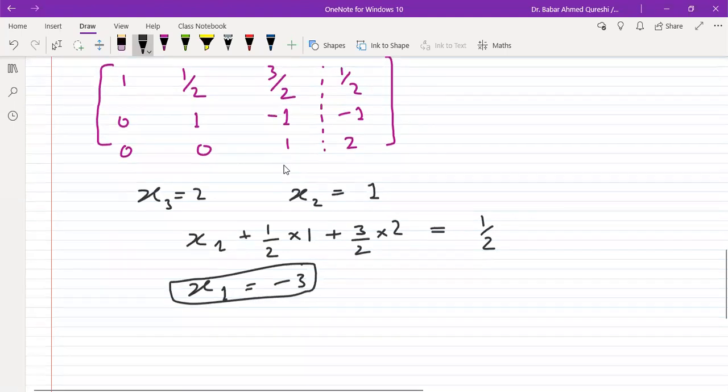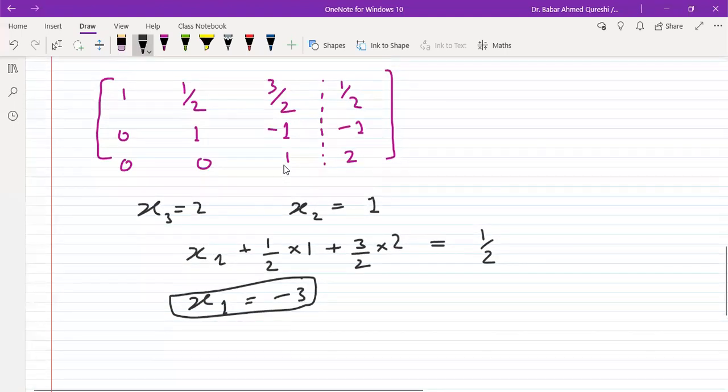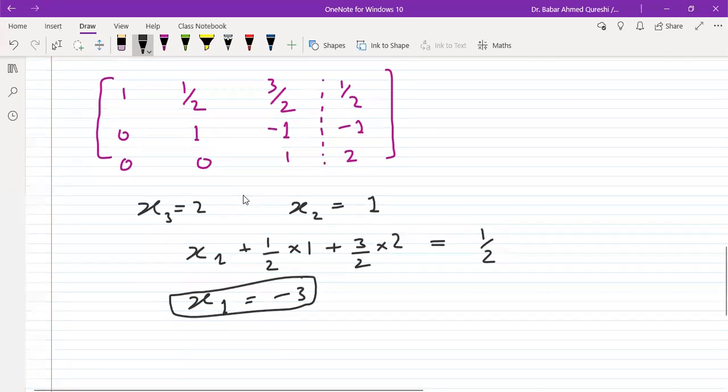Gauss Jordan is what I'm going to do now. It's just you do this back substitution using elementary operation. So let's do the Gauss Jordan. Or as I was saying, we have talked about the reduced echelon form. So let's put this matrix in the reduced echelon form.